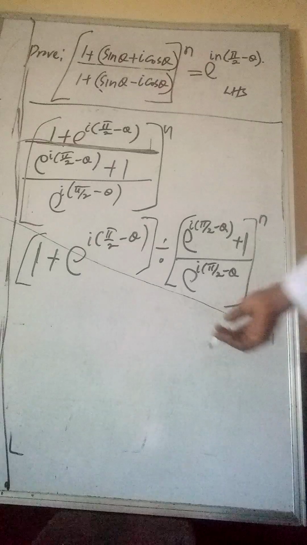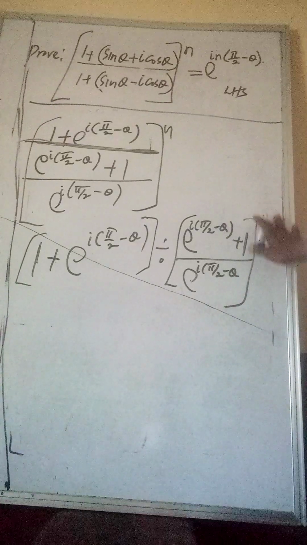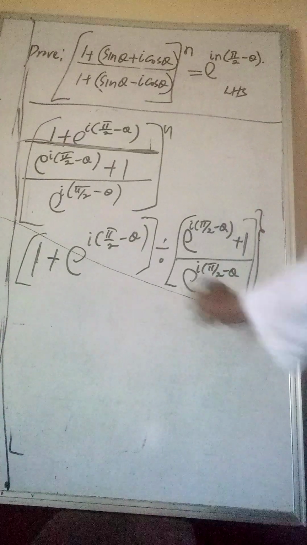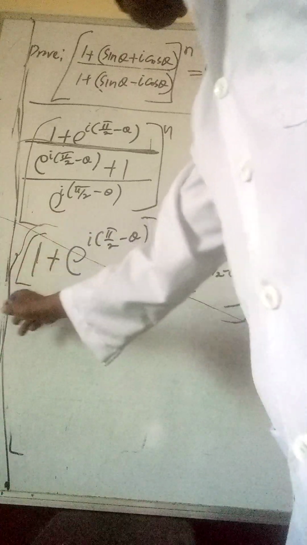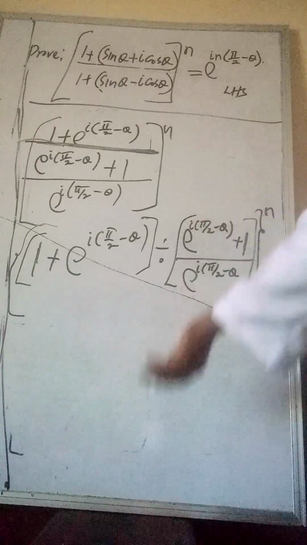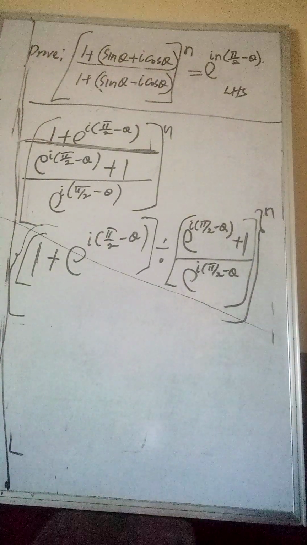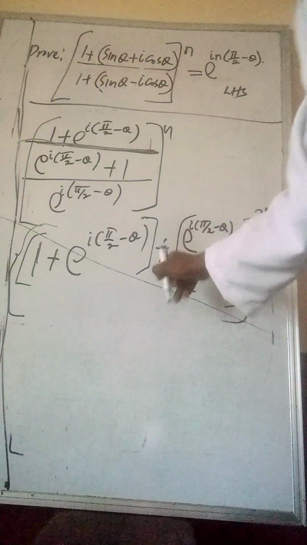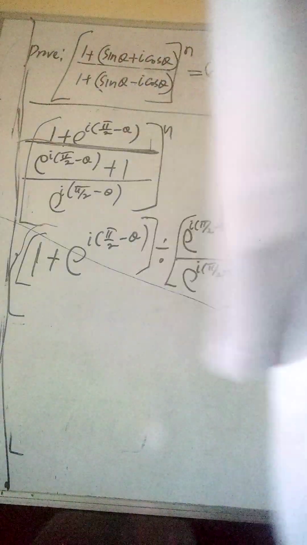Okay. According to, the whole n is for the whole of them. So according to basic mathematics, this will change to multiplication, while this one will turn upside down.